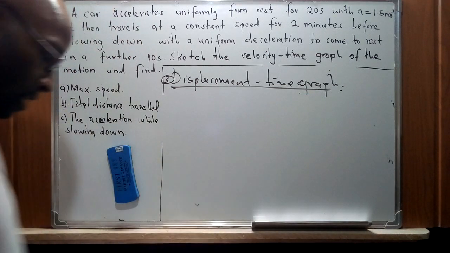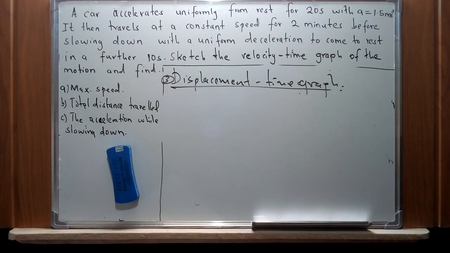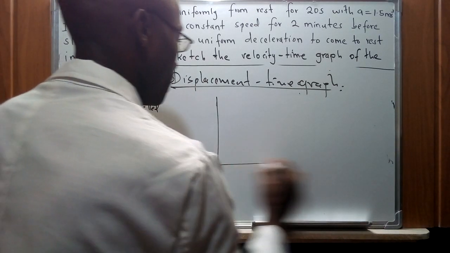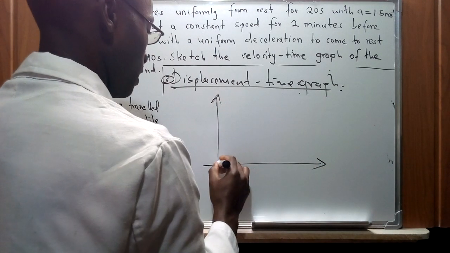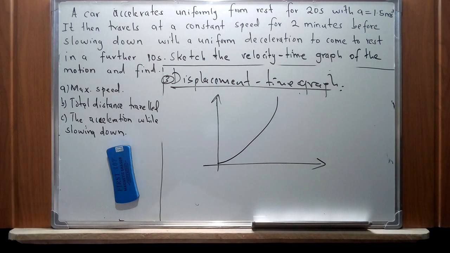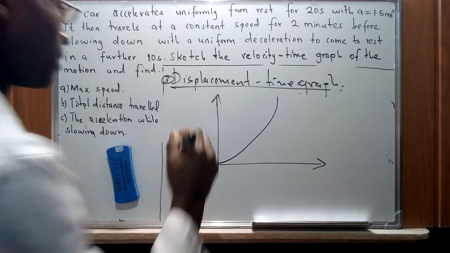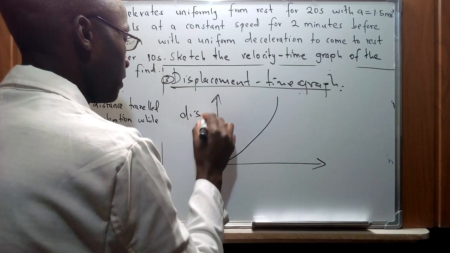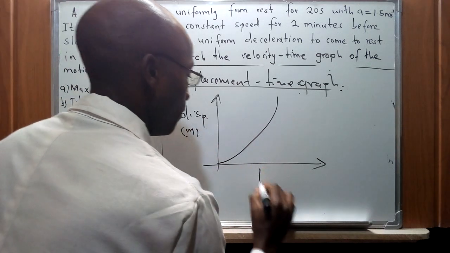So if we were asked to find velocity, as we have said that the gradient for the displacement time graph represents velocity, with this nature of graph someone can be required to find the velocity at a particular point. So in that case, this is a displacement in meters over time in seconds.